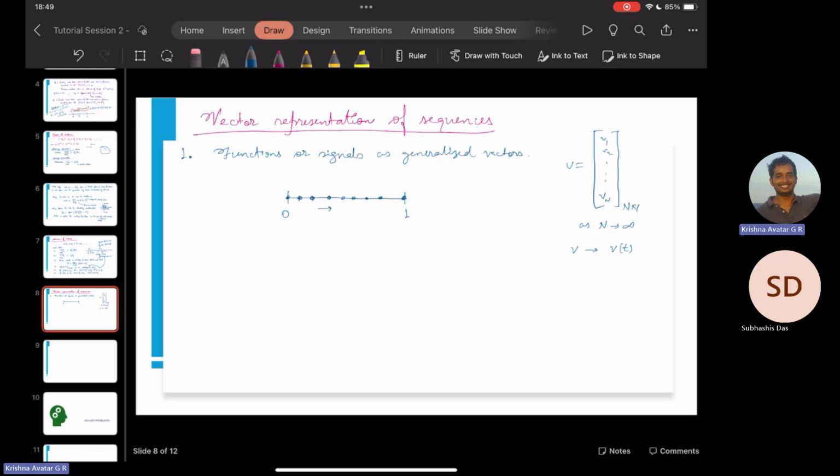Now, as you measure or record the signal values at finer and finer sampling, say sampling time, it so happens that the distance between two successive points will approach zero. So here we can call it xn, where n is an index.